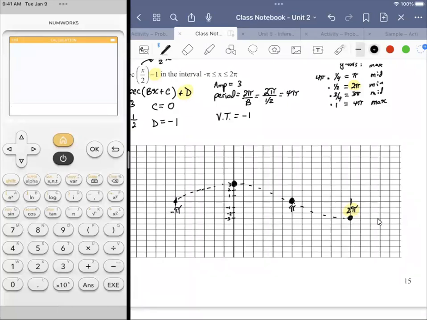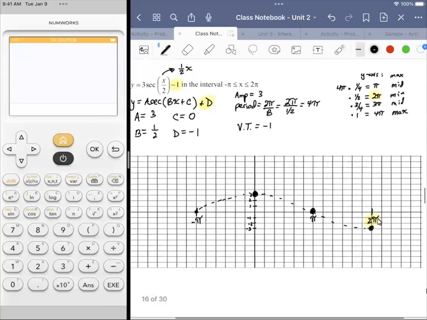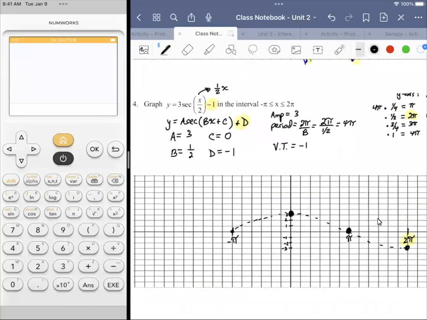So what I could do, I can take my secant expression, just this little piece here, and instead of looking at secant, I would look at cosine of x over 2.